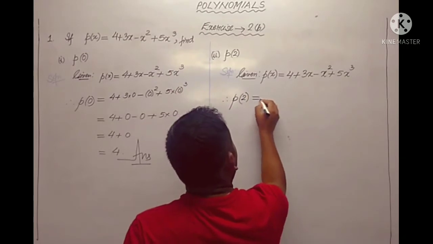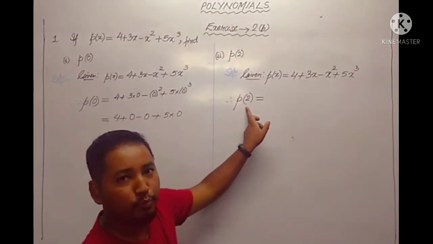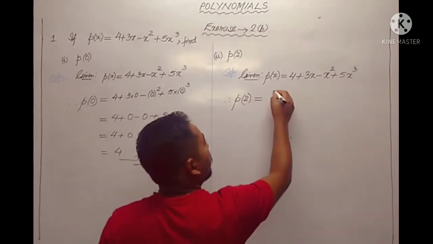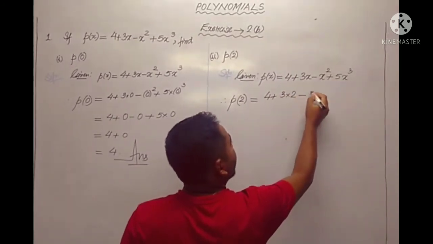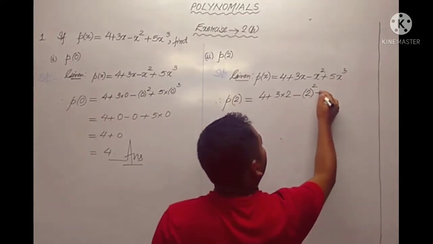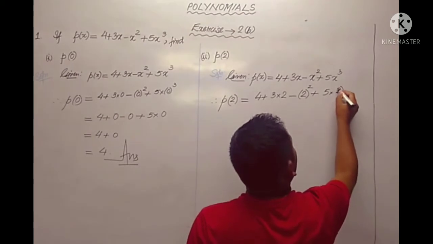What does it mean? It means in place of x you will put 2. Now let us start. 4 plus 3 into 2 minus x square means 2 square plus 5 into x cube means 2 cube.